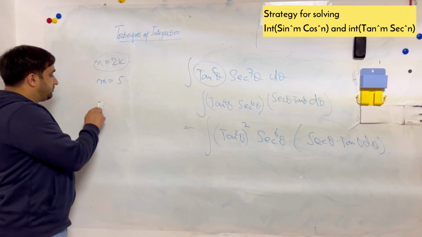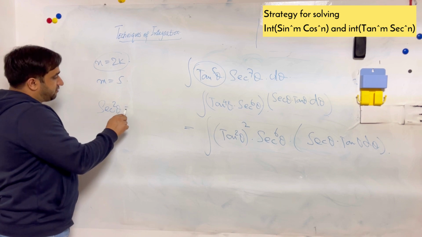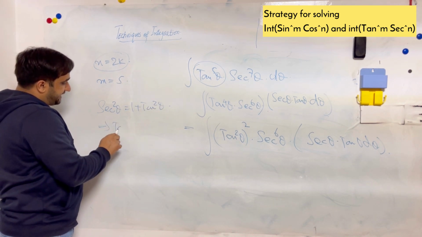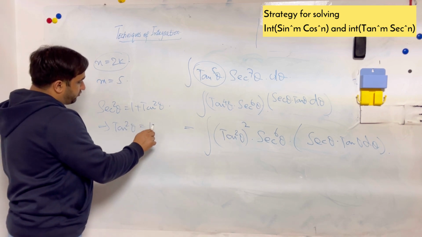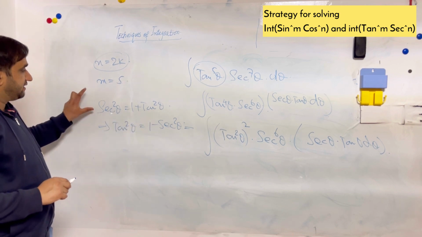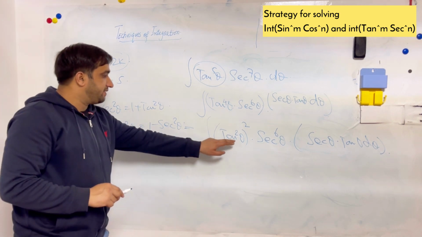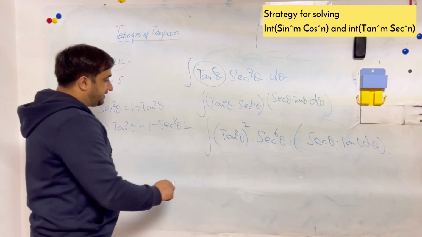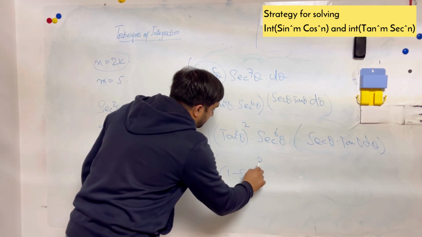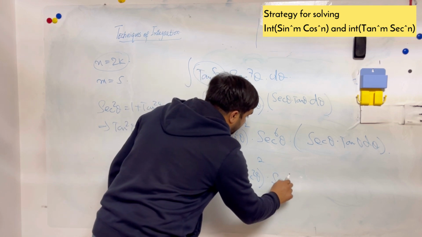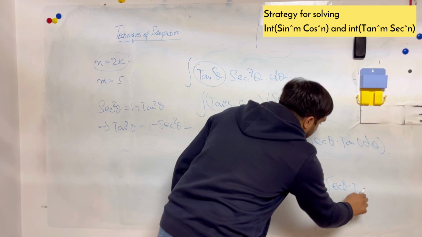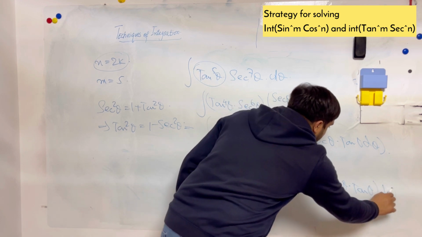Now I told you that secant square is equal to 1 plus tan square. It means tan square is equal to secant square minus 1. So I can replace tan square with this, and it becomes secant square theta minus 1, whole square, into secant^6 theta into this guy secant theta tan theta d theta.